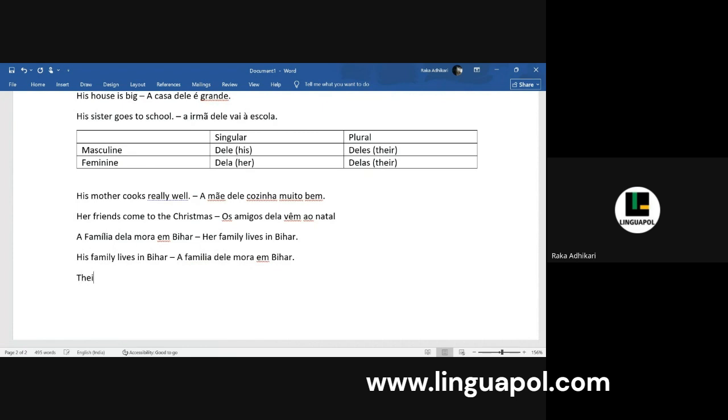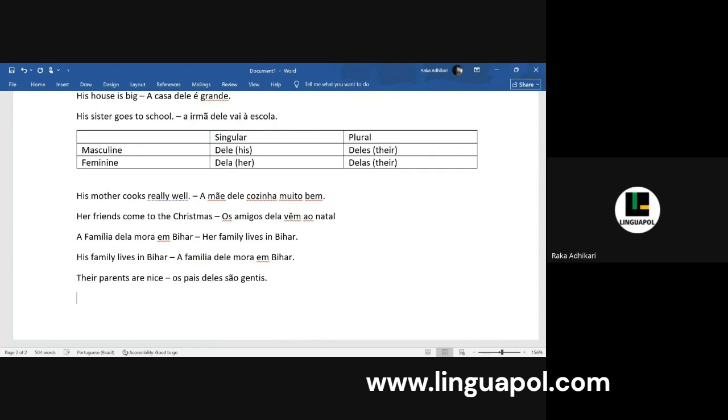Now, if I say their parents are nice, then we say os pais deles, because we have used their, okay? We are talking about multiple people. So os pais deles são gentis. They're nice.